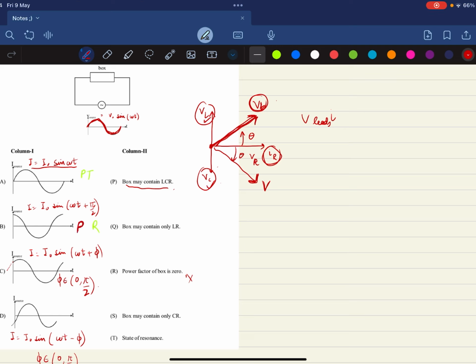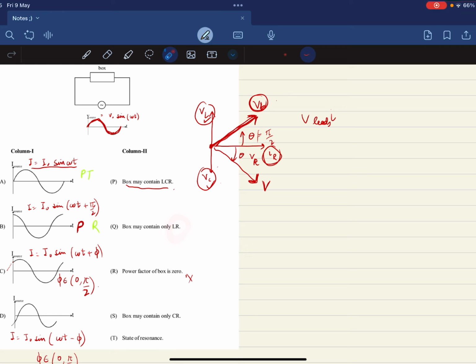Box may contain LCR. If there is LCR, you know this angle can never be pi by 2. Why? Because for this vector to reach here, this has to be 0, or for it to reach here, this L should be 0.